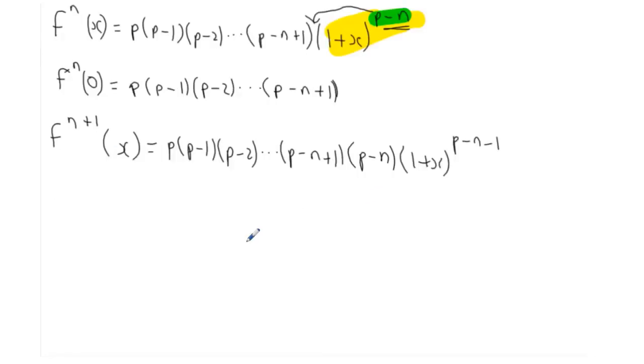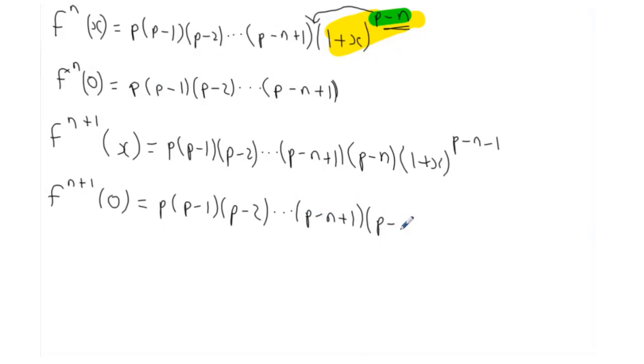And the n plus 1th derivative evaluated at 0 is going to be p minus 1, p minus 2, dot, dot, dot, p minus n plus 1, p minus n, and the 1 plus x to the power of p minus n minus 1 disappears because it's 1 plus 0, which is 1, and then 1 to the power of p minus n minus 1 is just 1.